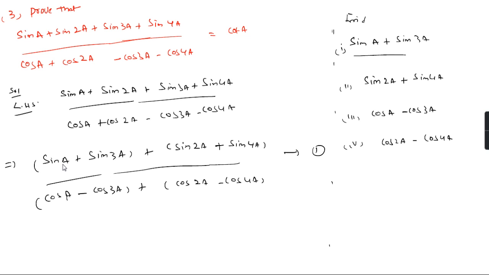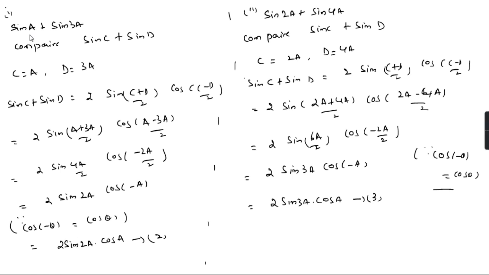And we have to find sin A plus sin 3A, sin 2A plus sin 4A, cos A minus cos 3A, cos 2A minus cos 4A. For sin A plus sin 3A, we compare with sin C plus sin D, C equal to A and D equal to 3A, and the formula is 2 sin (C plus D) by 2 cos (C minus D) by 2.